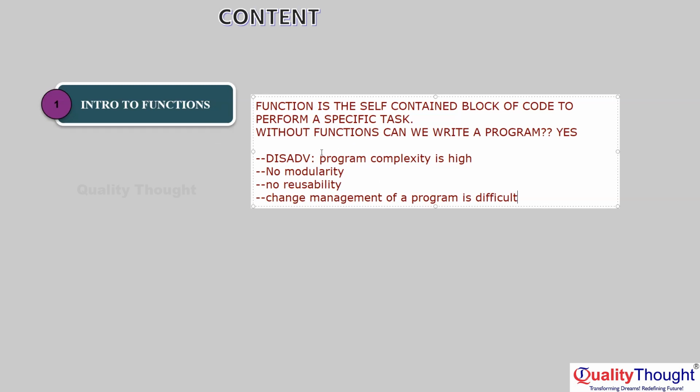The function concept will eliminate all these problems from the program, so the program becomes very simple, modular, and reusable. If any changes are required, it's very easy to make them. That's the main advantage of choosing functions whenever we write real-time programs.